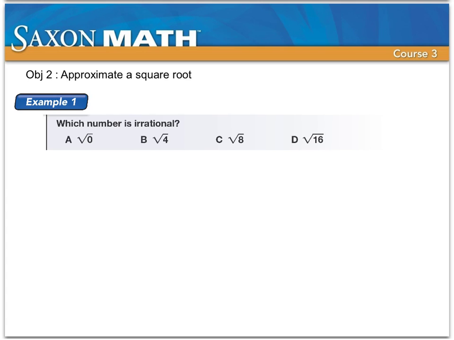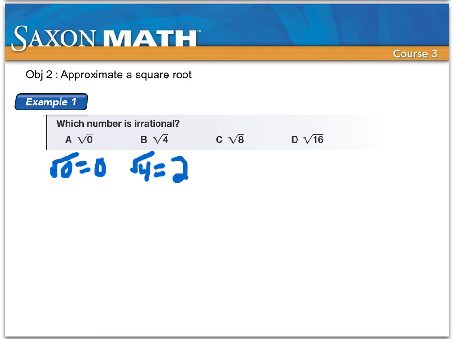Well, I know what the square root of 0 is. The square root of 0 equals 0. So that is a rational number because I can tell what its square root is. The square root of 4 equals 2. I know that, so that is rational, not irrational. Now look at C and D. Which of those two numbers do you know what the square root is?